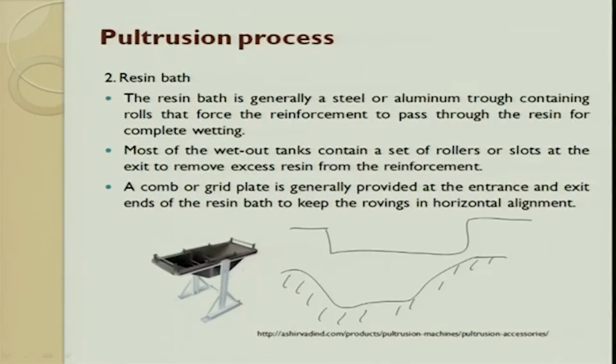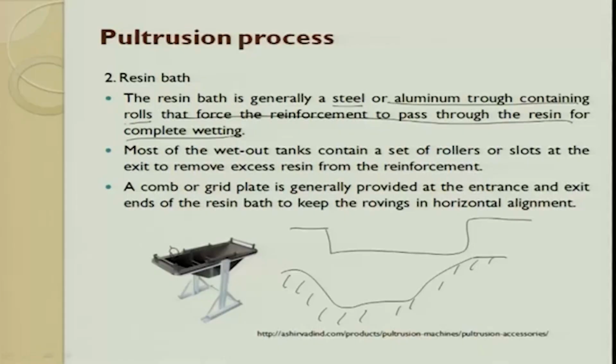This is what is given here also. The resin bath is generally made out of a steel or aluminum trough containing rolls that force the reinforcement to pass through the resin and get completely wet. The entire wetting process happens only in the resin bath. You can have multiple stage rollers going up and down, such that you doubly make sure the wettability completely happens.